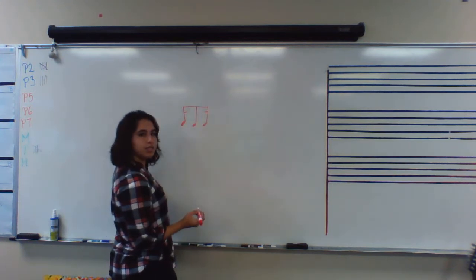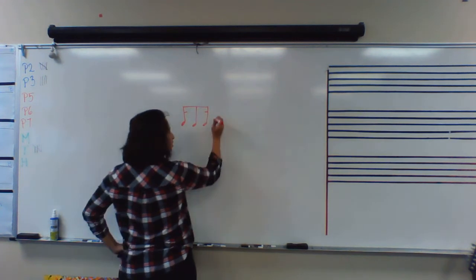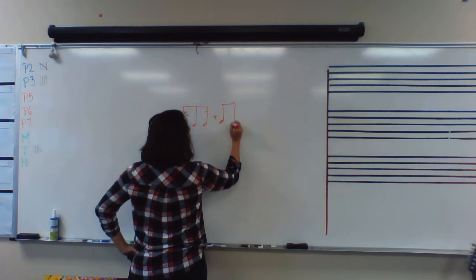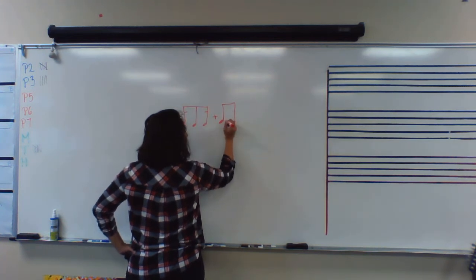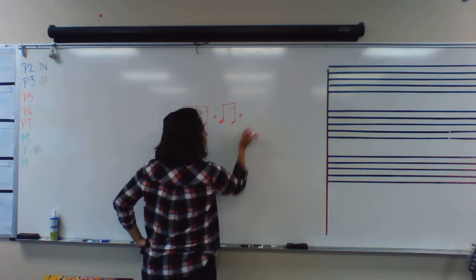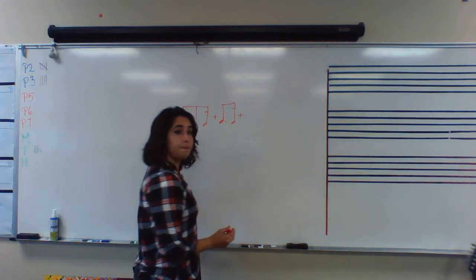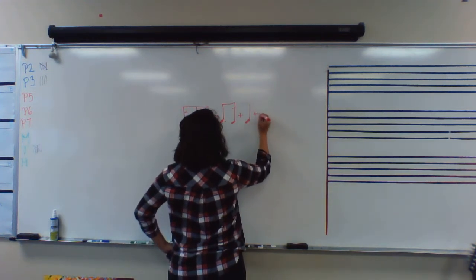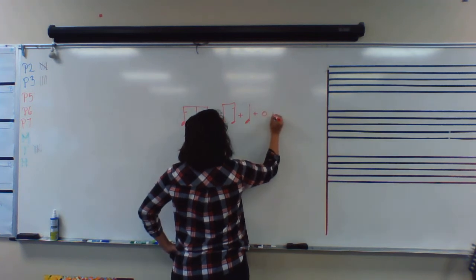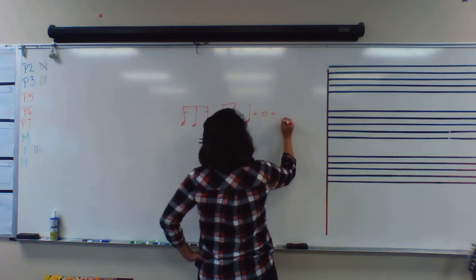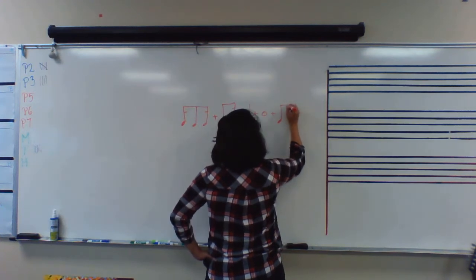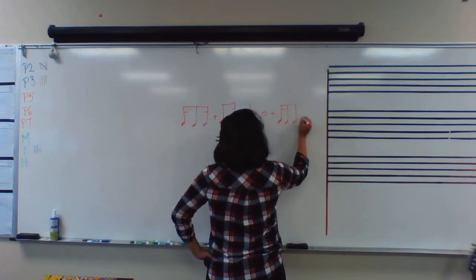A 16th plus an eighth plus a 16th, plus a dotted eighth, 16th, plus a quarter note, plus a whole note, plus 2 16ths and an eighth.